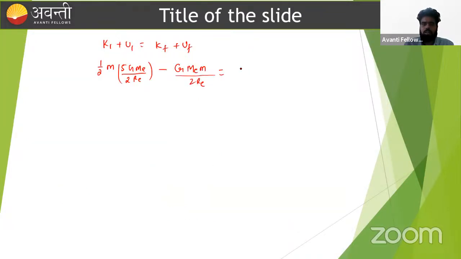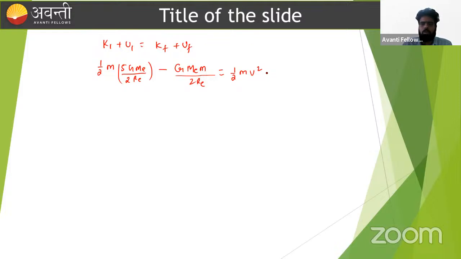K final. Sometimes students make the mistake of assuming that the velocity at infinity is zero. We can't write that here, because the velocity is greater than escape velocity, so this is not a minimum velocity. It means the satellite must possess some kinetic energy at the far away point. That's why we write half m v square here, and we have to find v.